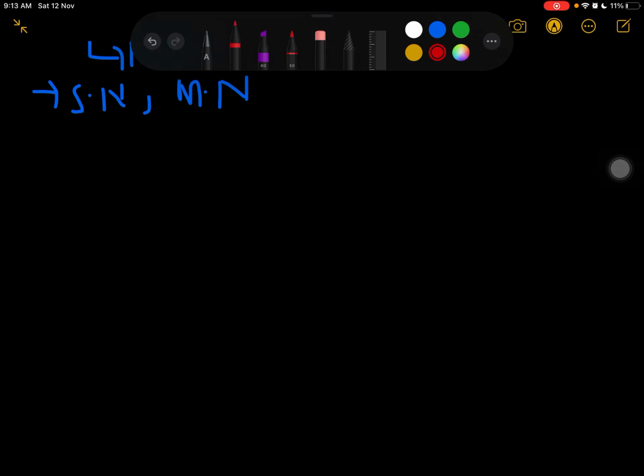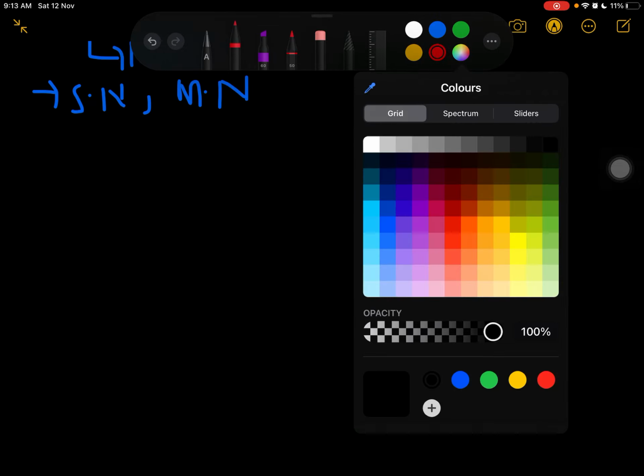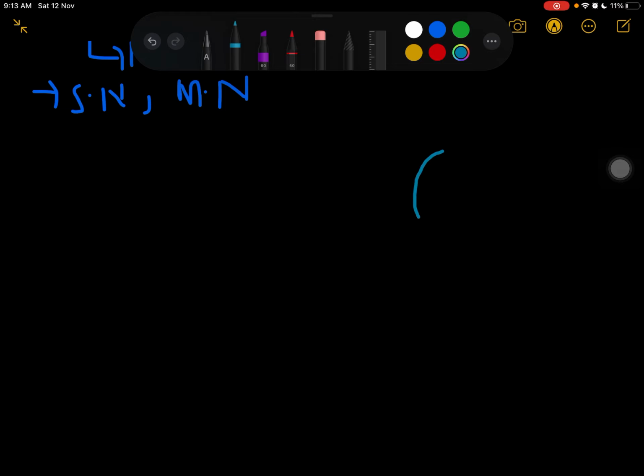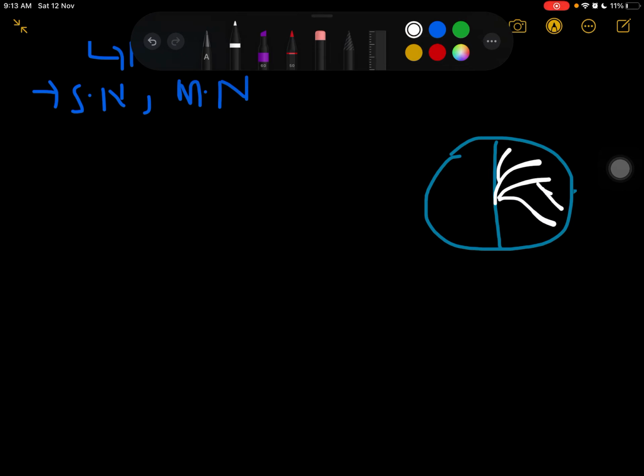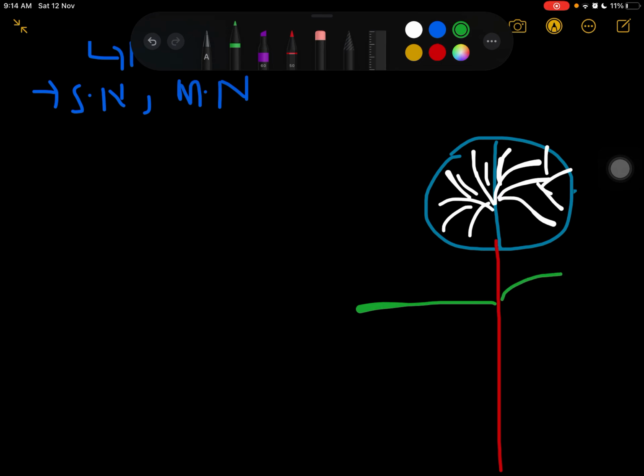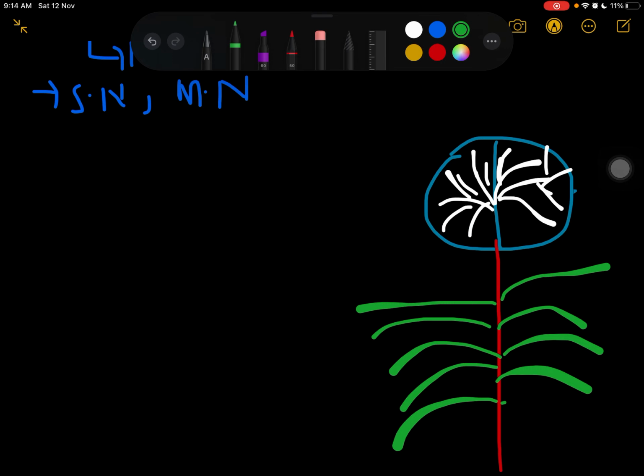Consider here we are having a brain, I'm not good at drawing but you can see here, and this is your spinal cord, right? And from the dorsal side, from the ventral side, nerves are there, right?